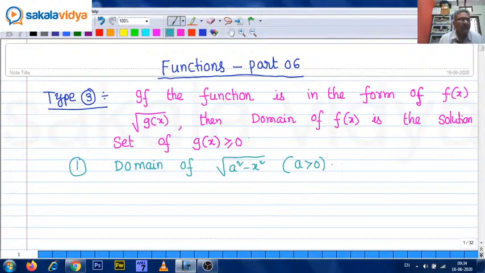What is the domain of root of a square minus x square? You need to type it. I will give 2 minutes time. Now it is 9:34, at 9:36 I will discuss. Domain of root of a square minus x square, where a is greater than 0.